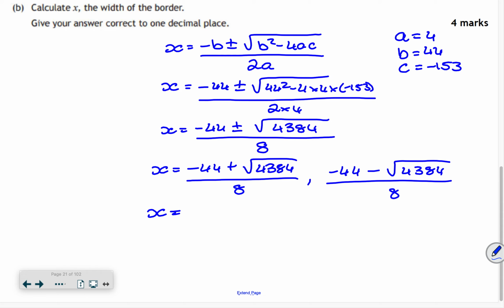So that will be minus 44 plus the square root of 4384. Press equals, then divide by 8, and we get 2.7765. Or, minus 44 minus the square root of 4384, press equals, divide by 8, and it's minus 13.776.